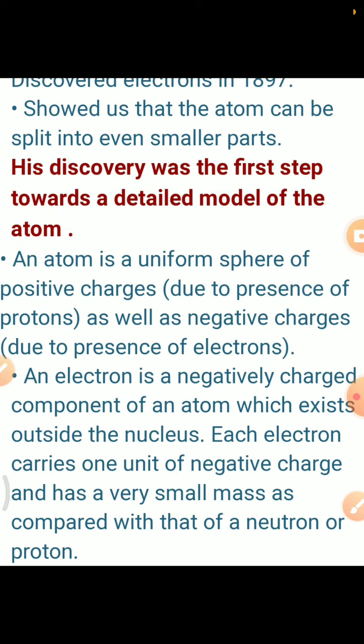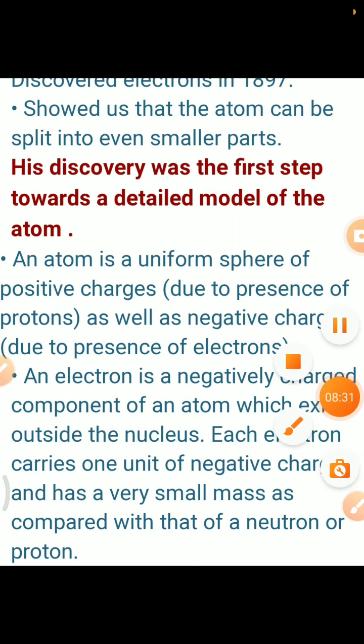Now the next is an electron. Electron is a negatively charged component of an atom which exists outside the nucleus. Each electron carries 1 unit of negative charge and has very small mass as compared with the neutron or proton.